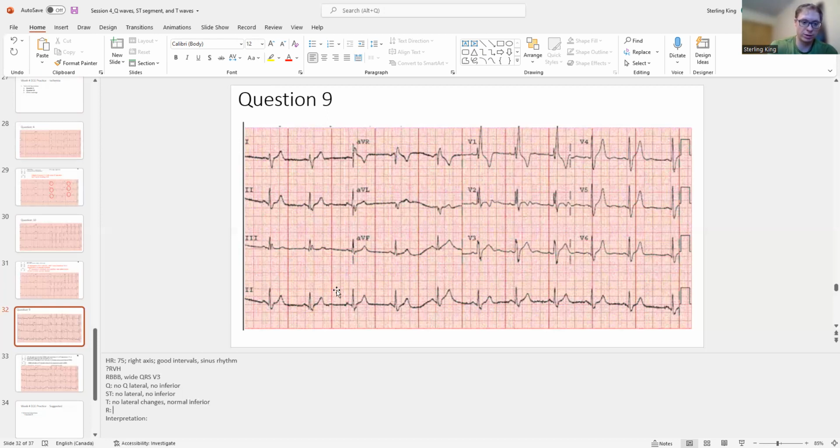Okay, now we're on to precordial. Let's do R wave progression to start. R, R, R, R, R, R, R. This one's really high, but it's probably the right bundle branch block. And it looks like it got higher as we went. I'm going to say normal because it doesn't especially stand out.